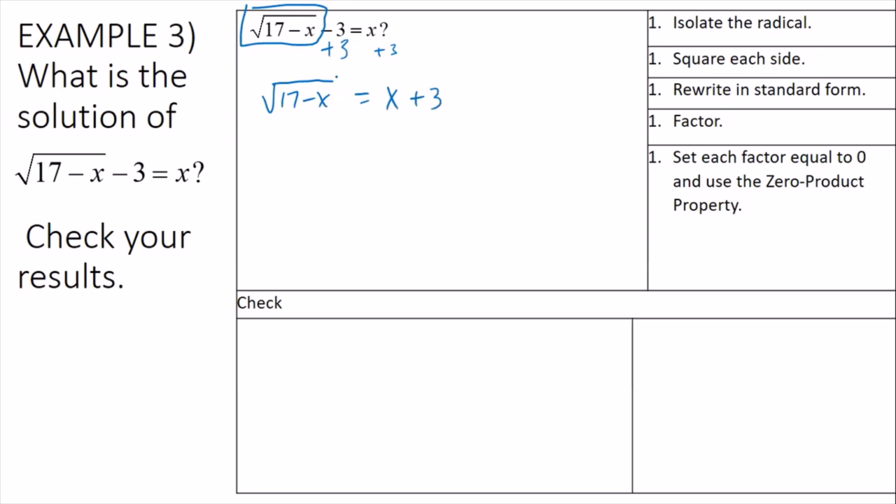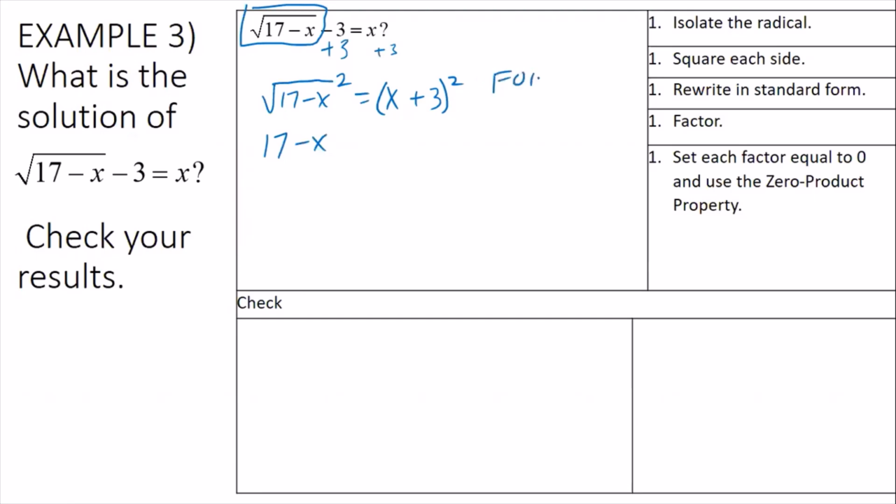I'm going to square both sides. Now notice, because this is x plus 3, when I square both sides, it turns it into a binomial square. I'm going to rewrite this in standard form. And rewriting it in standard form means that I'm going to FOIL.